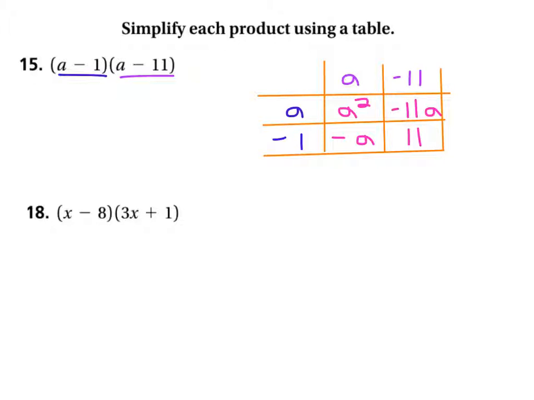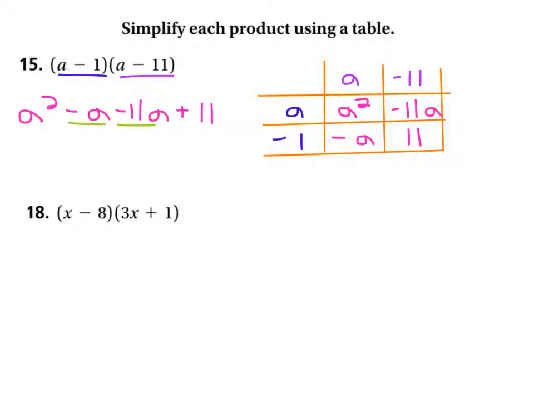So now we've got these four terms that I will write out over here. A squared minus a minus 11a and +11. And what do we combine? We're going to combine these two terms here. And what do we get as a result?